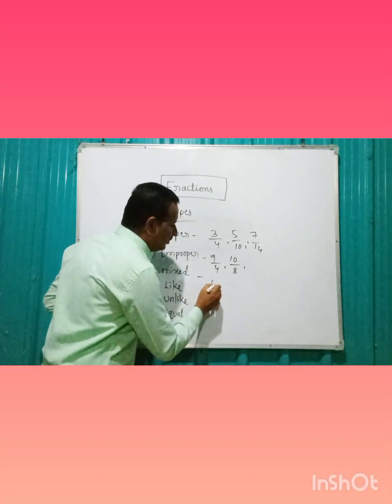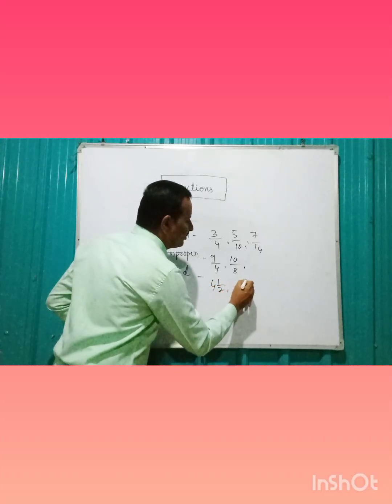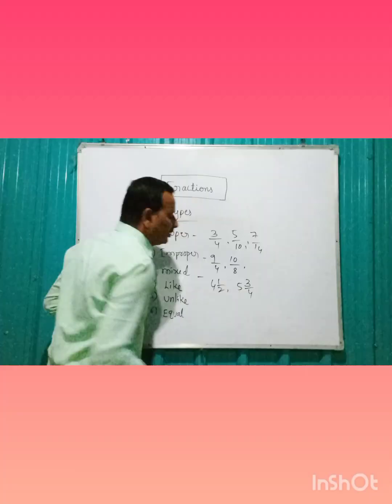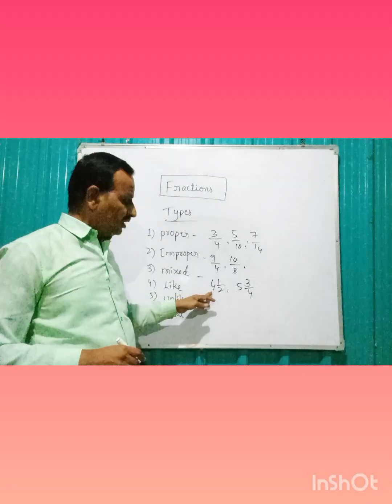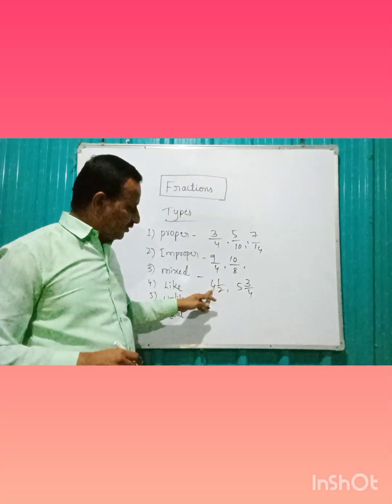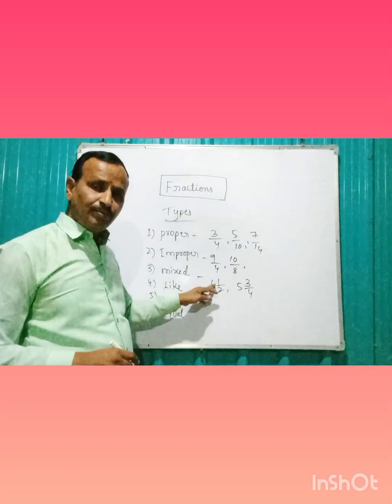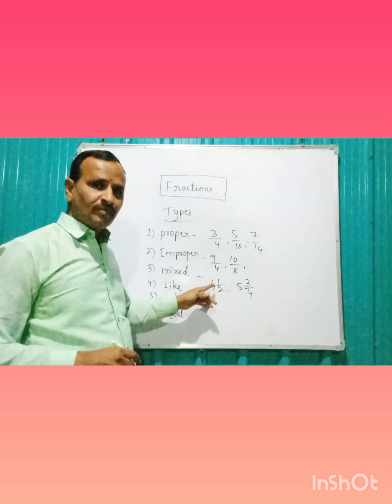See, 4 integer of 1 by 2, 5 integer of 3 by 4. You can observe here 4 is the integer, that is the whole number, and with it one proper fraction. In front of the 4, which fraction is there? Proper. You can see very carefully, this is not improper.